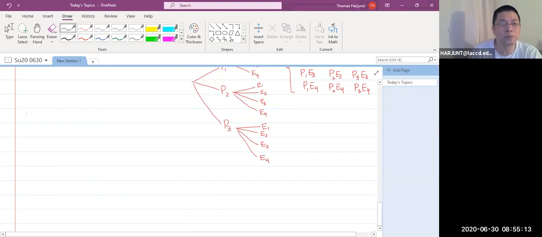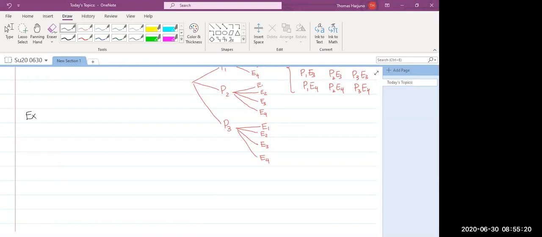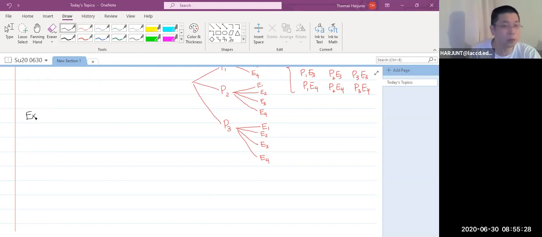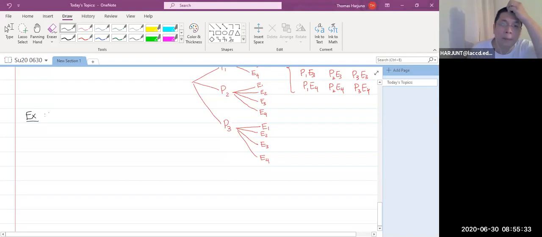Suppose, for example, another example, we have, let's say, a password with 4 characters.